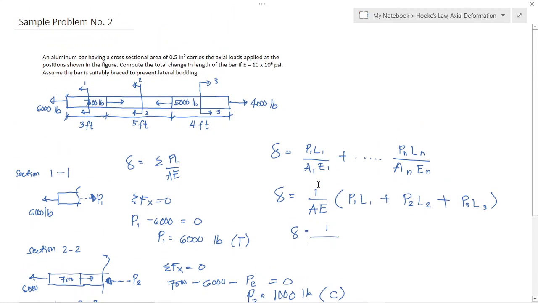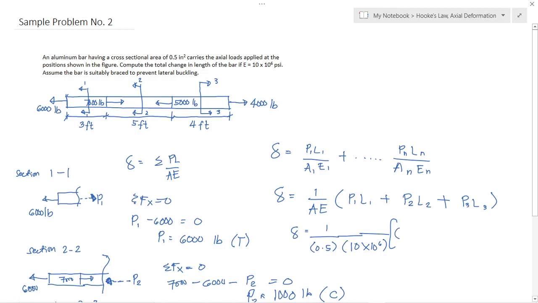Okay, so the cross-sectional area is equivalent to 0.5. Okay, the unit is square inch. Okay na yung unit. So, 0.5 multiplied by the modulus of elasticity should be in PSI. Okay, so 10 times 10 raised to 6. And then, sum up lang natin yung PL nila.